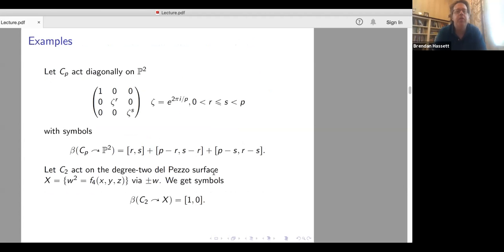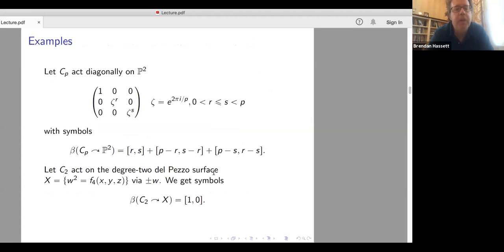Okay, so let me just write a couple of examples. Obviously the easiest example is diagonal actions on the plane. We have zeta as a p-th root of unity, and I just wanted to give you an example of what the symbols look like. Here I'm abusing notation, using these integers between 0 and p as stand-ins for the characters.